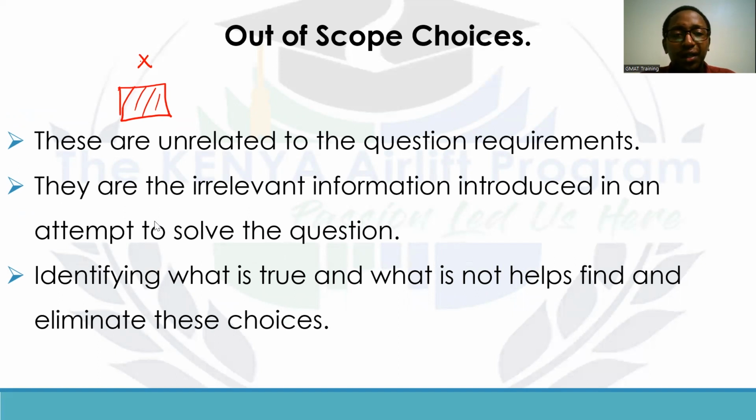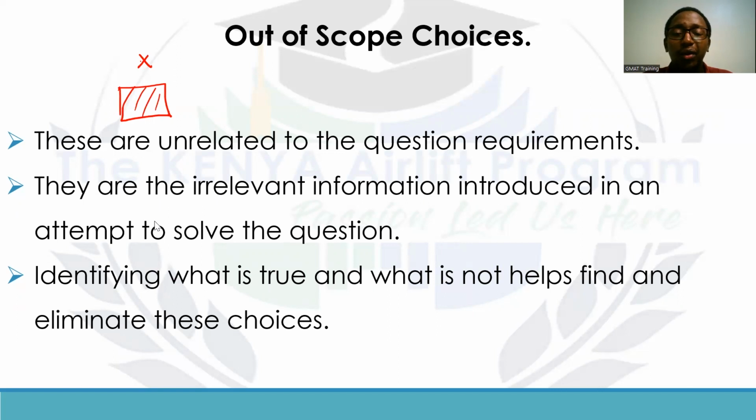So how do you identify out of scope choices? One of the things that will help you is if you identify what is true and what is not, because that will help you eliminate these out of scope answer choices. And what do I mean by this? If you know that the question is asking for something related to the economy, and you get something unrelated to the economy, you can easily eliminate this answer option as out of scope.